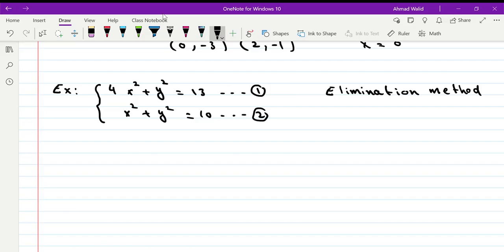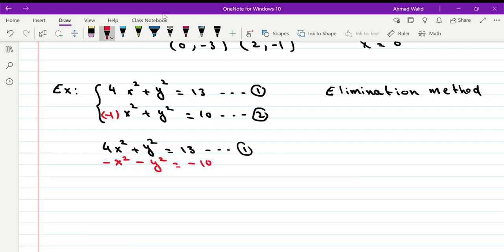I'll copy my equation number 1, which is 4x squared plus y squared equals 13. I will multiply equation number 2 by -1, which gives me -x squared minus y squared equals -10. Correct? Equation number 2. Now add vertically.